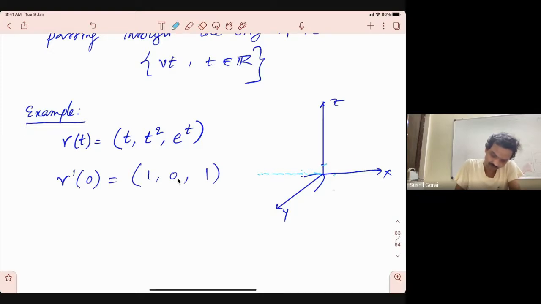It looks like exponential in the xz plane, and when you project it to the xy plane, what you get is a parabola, right? So this is in the xz plane.